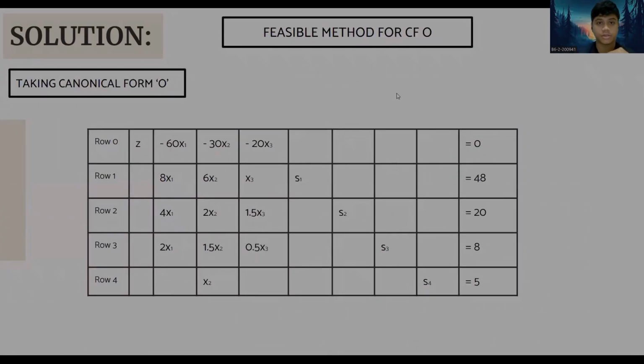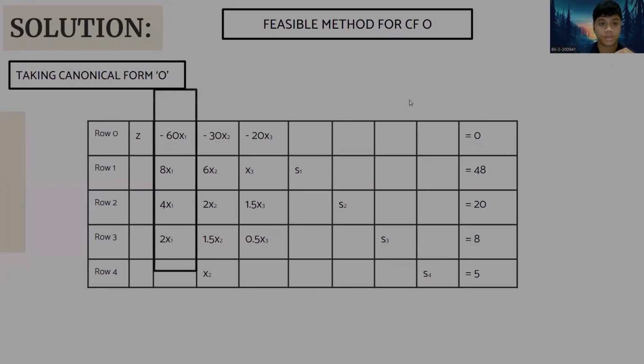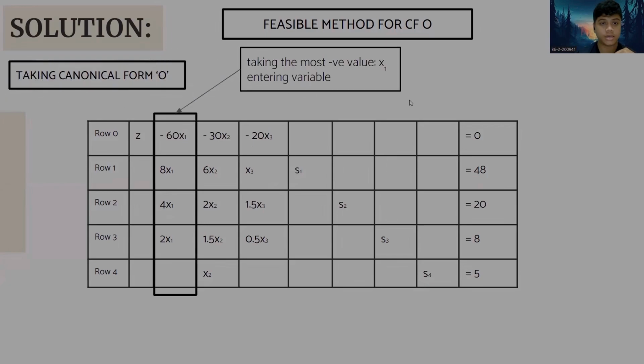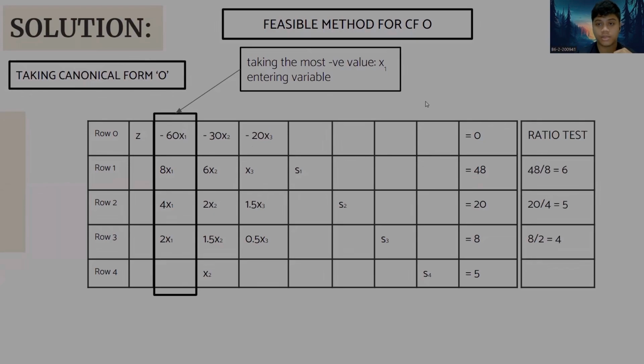Okay, thank you, Zakwan. I will continue. We take canonical form 0 to do the simplex method. In row 0, we take the most negative value, negative 60 at x1, so x1 is the entering variable. Next, we do the ratio test to find the pivot.